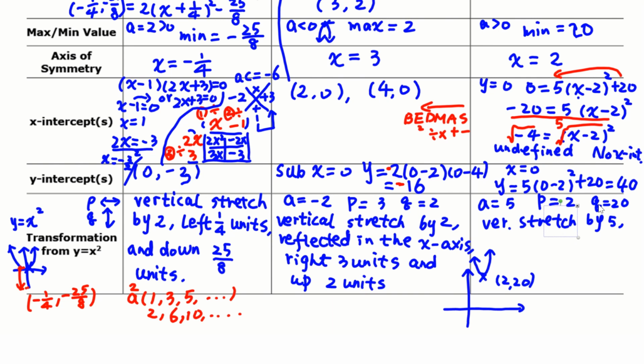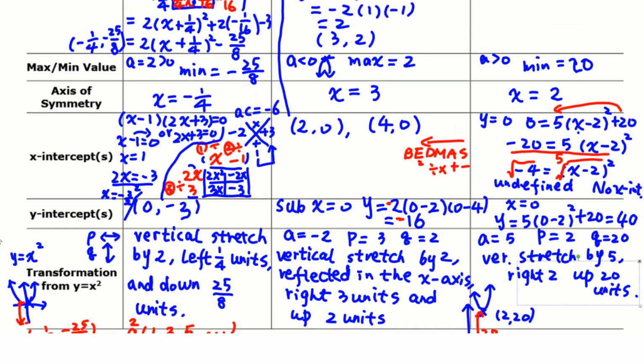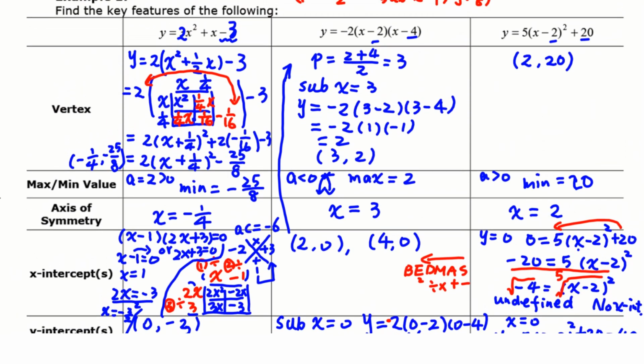Then for left, right, up, down, positive, so right 2, up 20 units. And you could see from here, from (0, 0) it is right 2, up 20. So that is a review of how you convert from standard form to factor form to vertex form.